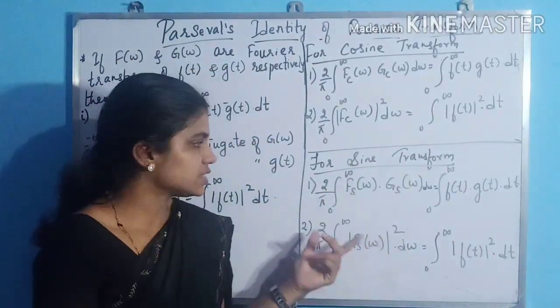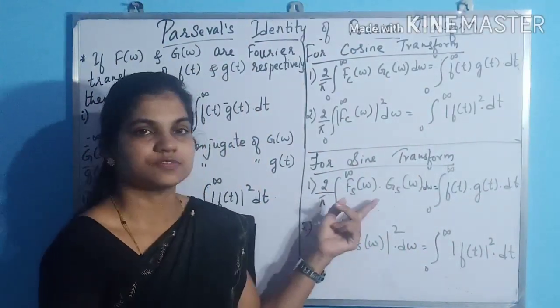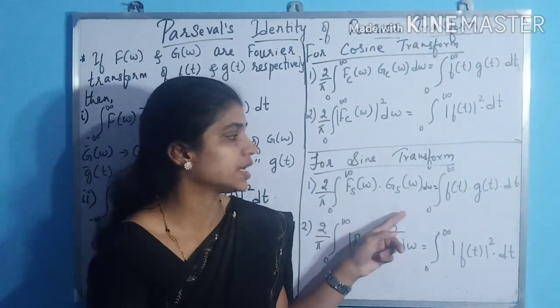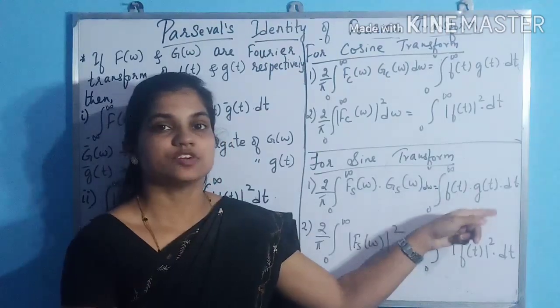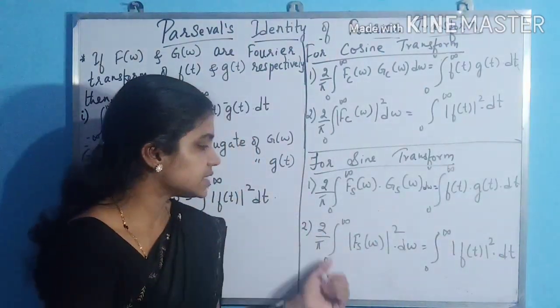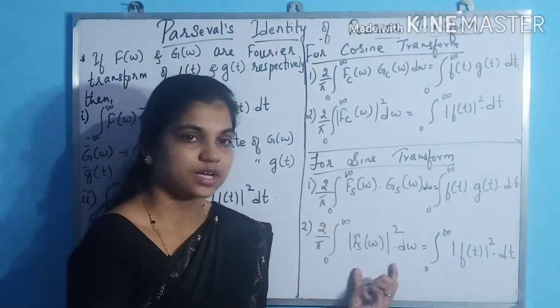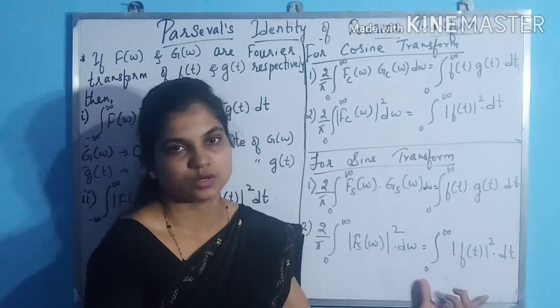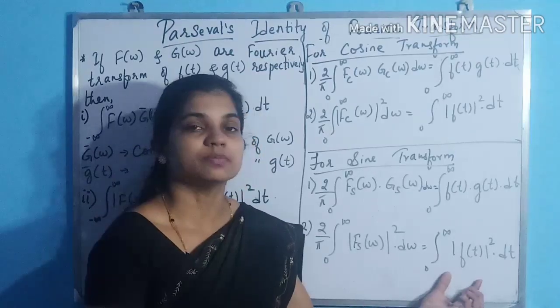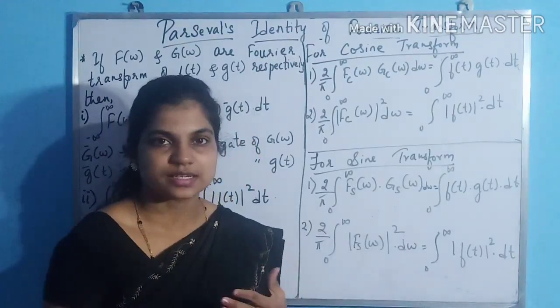And similarly for sine transform we have 2 by pi integral from 0 to infinity of Fs of omega Gs of omega d omega is equal to the integral from 0 to infinity of f of t g of t dt, and 2 by pi integral from 0 to infinity of Fs of omega the whole square d omega is equal to the integral from 0 to infinity of f of t the whole square dt. Remember, it's a mod, so we can't get a minus sign there.